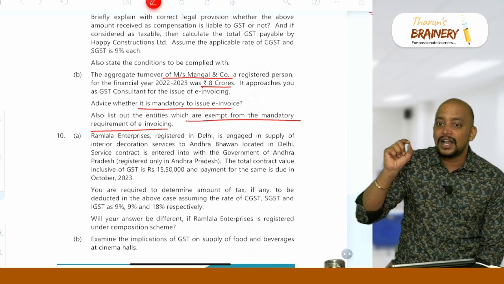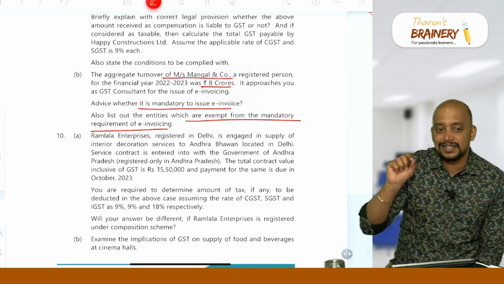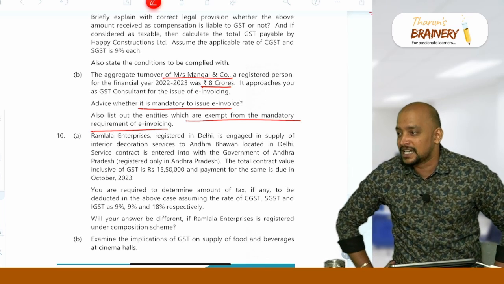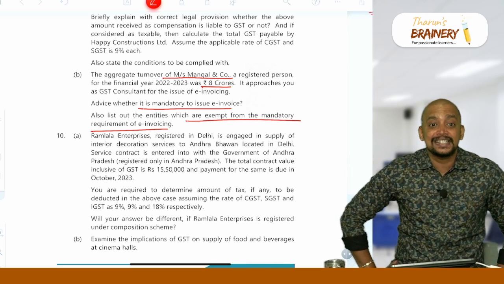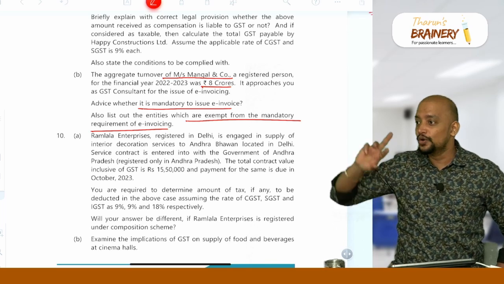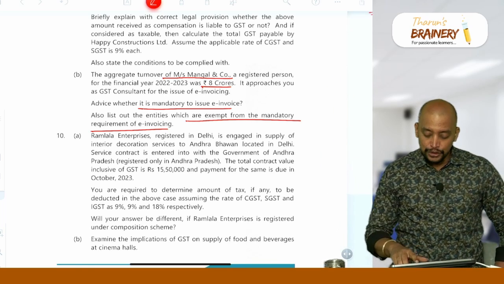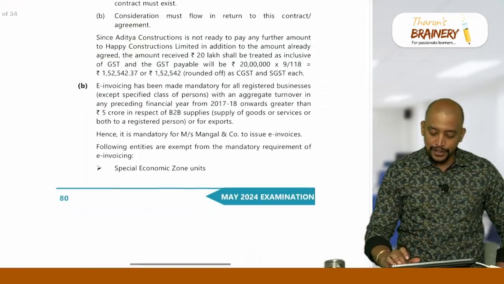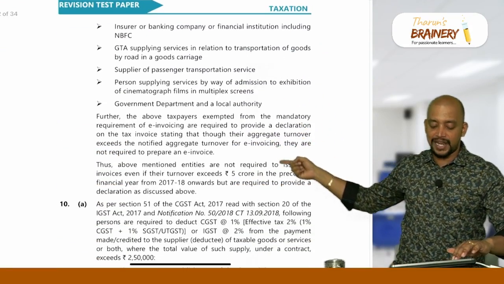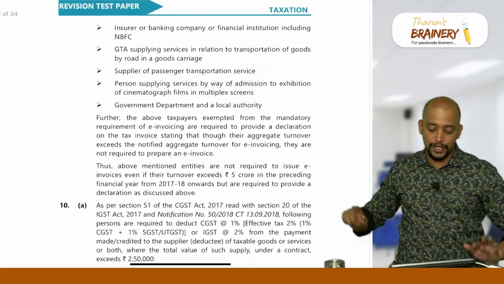Next G, government department, central government or state government, local authority. E, exhibition of film in a multiplex theatre. Yes, S, SEZ unit. T, transportation of passengers. Goods already GTA is there, passengers through any mode. So that is what you need to write. These are the list of cases where E-invoicing is not required to be issued.